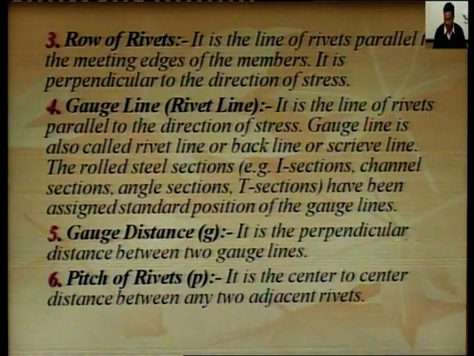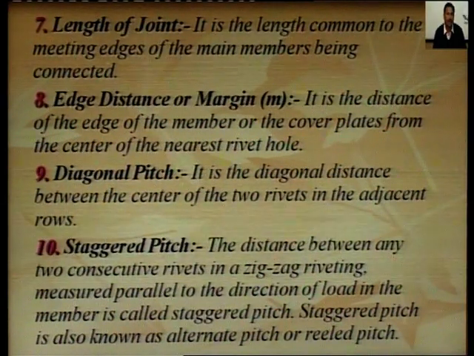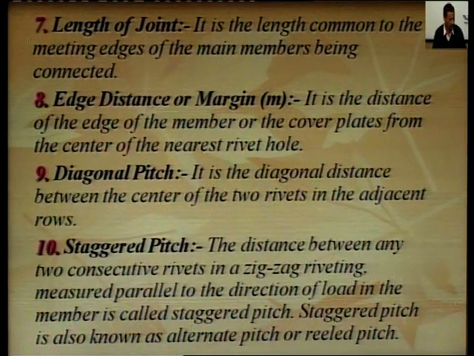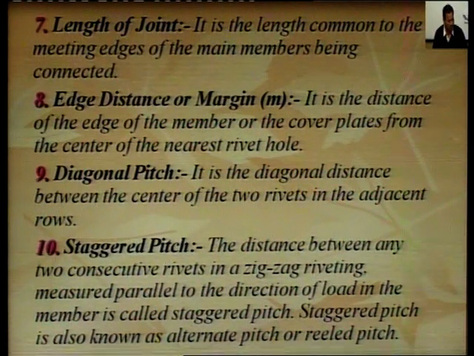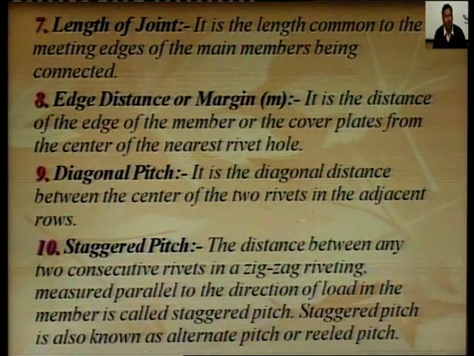Next definition is length of joint. It is the length common to the meeting edge of the main members being connected. So, when the plates are connected, the width of the plate is taken as the length of the joint.